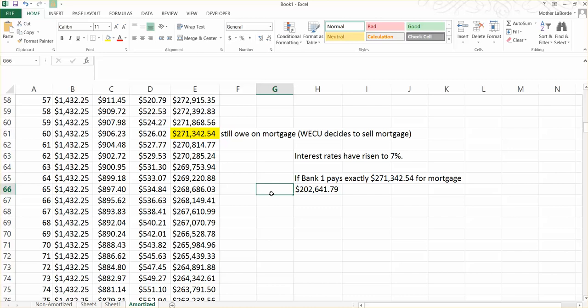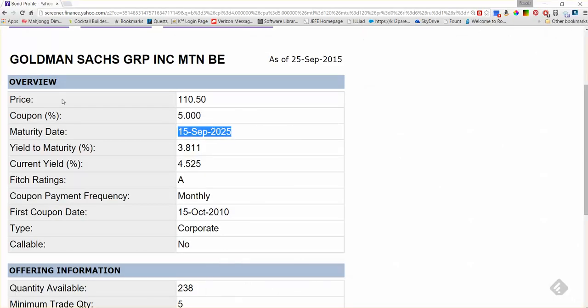Bonds work the same way. If I own a bond and I want to sell it, bonds are fixed rate debt. Goldman Sachs is always going to pay a 5% coupon rate on this bond through September 15th, 2025. But interest rates fluctuate all the time.